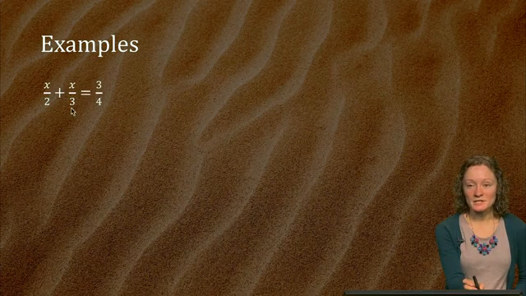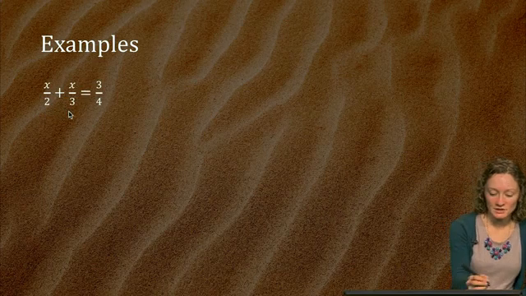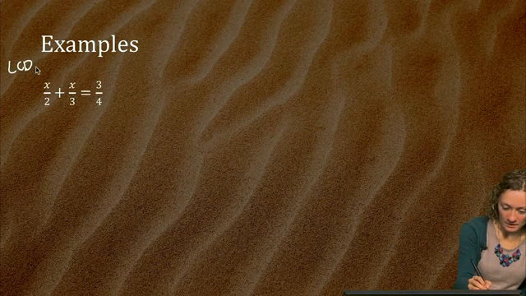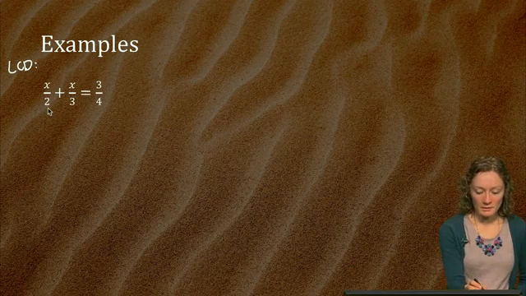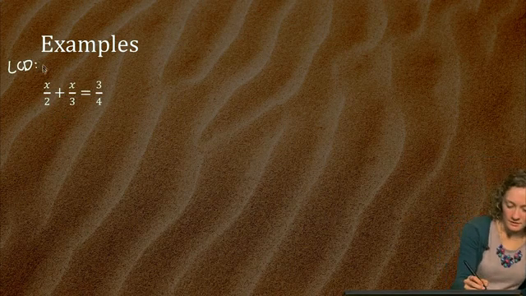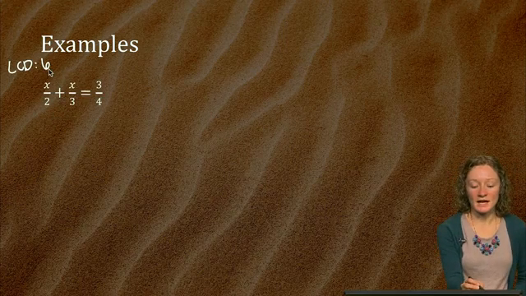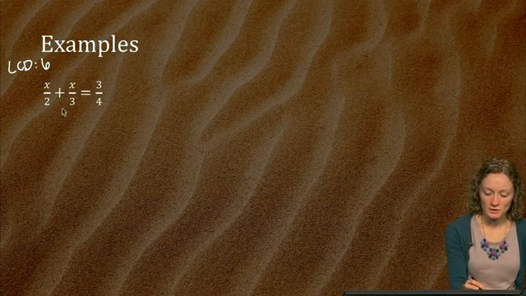On the left, we have 2 variable terms, so we'll combine them together. But in order to add them together, we need a least common denominator. So if we're focusing just on these 2 terms, our least common denominator comes from the denominators of 2 and 3. We can multiply each of them by something to get 6, and that's the smallest number that will come out of it.